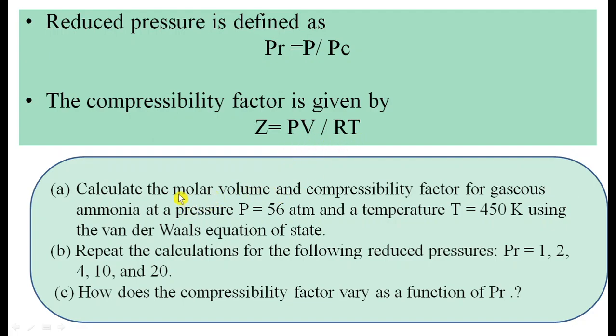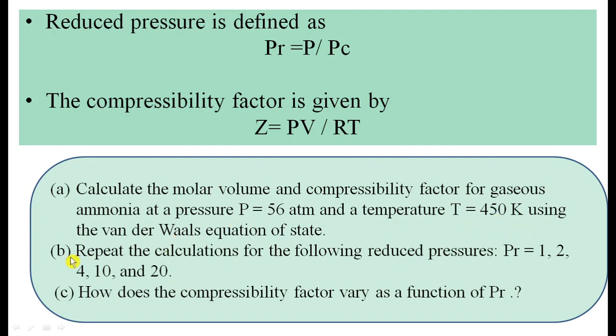Here we want to find three objectives. In the first one, we want to calculate the molar volume and the compressibility factor for gaseous ammonia at a pressure P = 56 atmosphere and temperature T = 450 Kelvin.